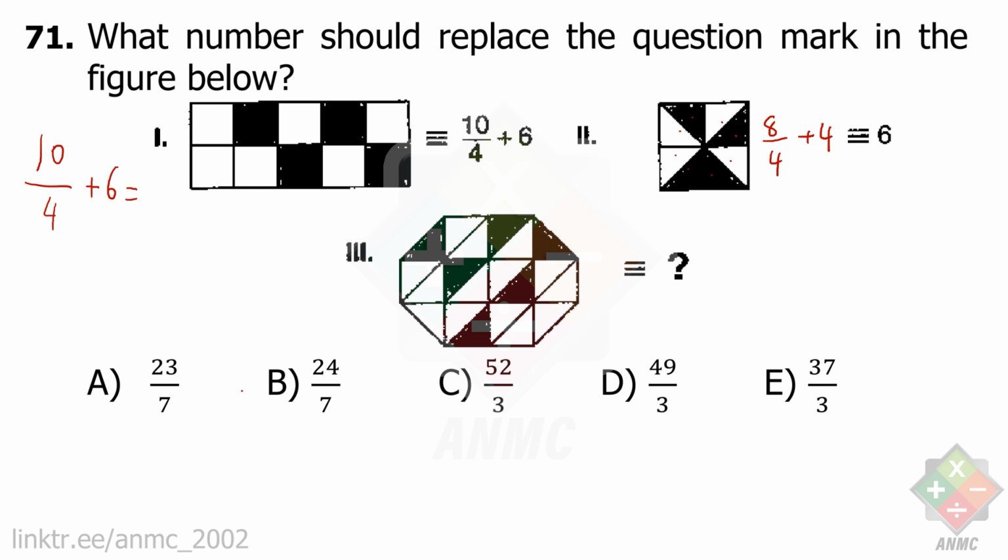How many pieces are there? 20. 20 over. How many shaded regions? 1, 2, 3, 4, 5, 6. How many of them are empty or blank? 14. 14 plus 10 over 3. When you calculate it, you are going to reach 52 over 3.